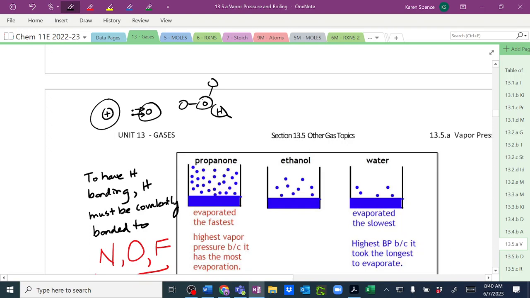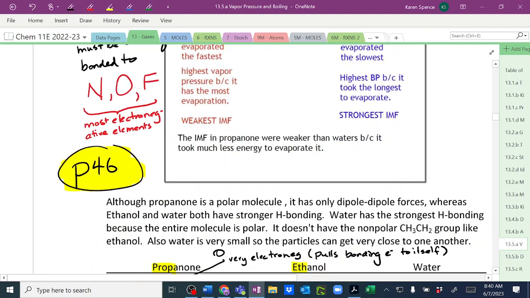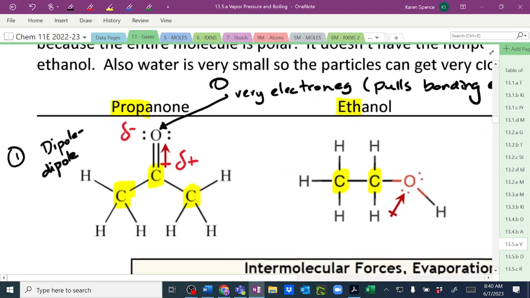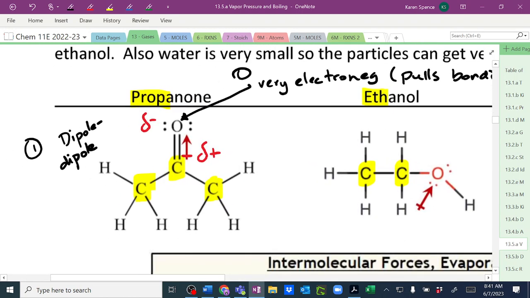And so that nearness of the negative charge and the positive charge will also make the hydrogen bond stronger. So do we have the ability to hydrogen bond in propanone? No, because the hydrogen is not bonded to oxygen, so there's no hydrogen bonding.